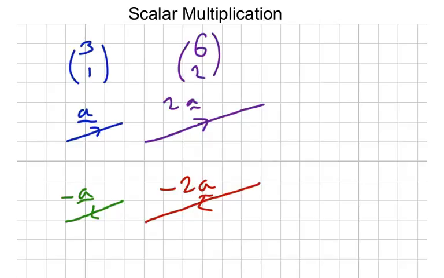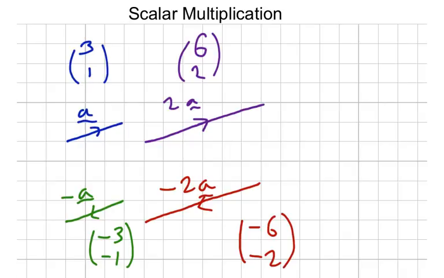If we look at minus a, our column vector is minus 3 because it's 3 left, minus 1 because it's down. And if we look at our final vector, it goes minus 6 across and minus 2 down.